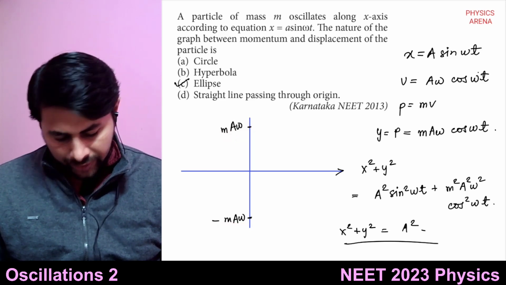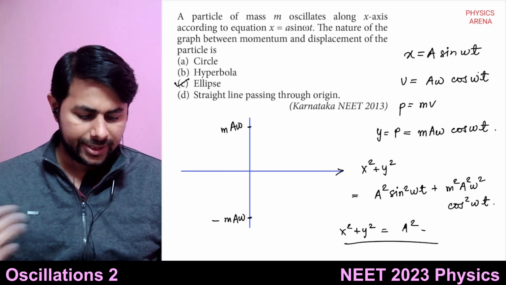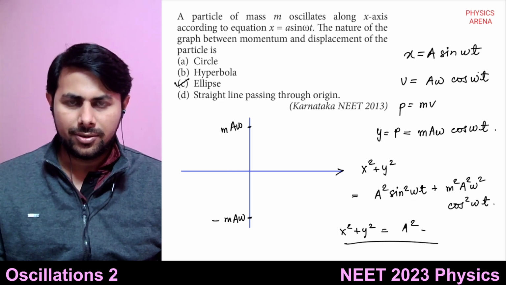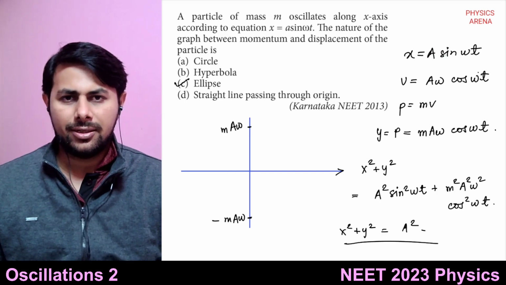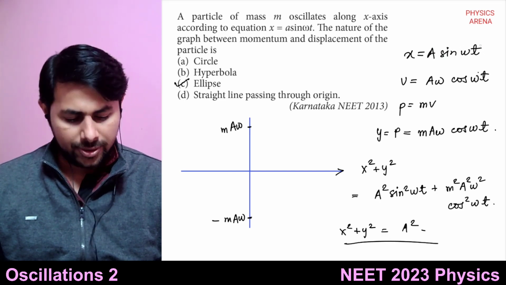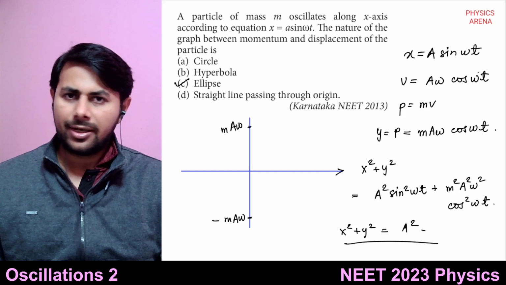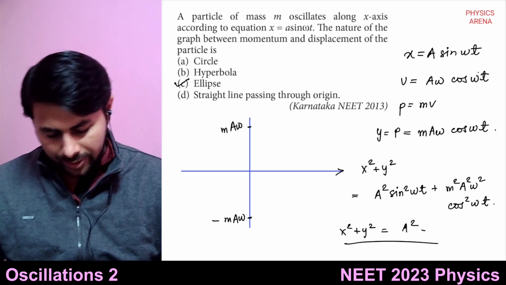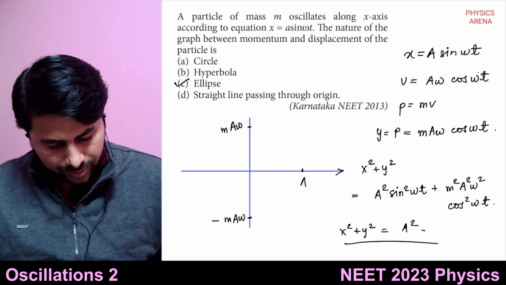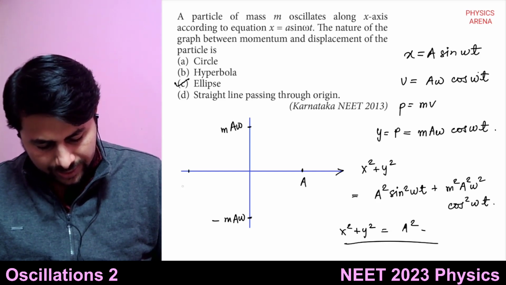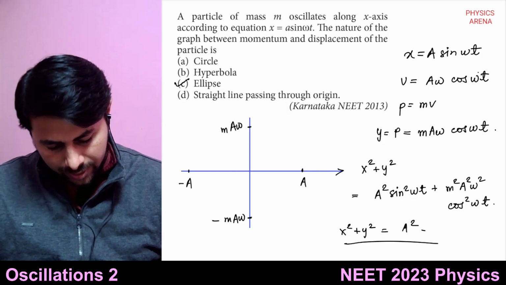Then when x is at the extreme position, okay, so when x is plus or minus a, then what will happen? At the extreme position, we know the velocity is 0. So at plus a and minus a, the momentum will be 0, right?